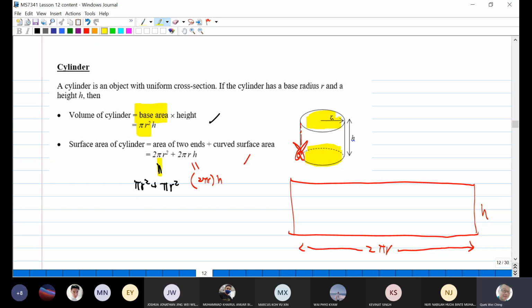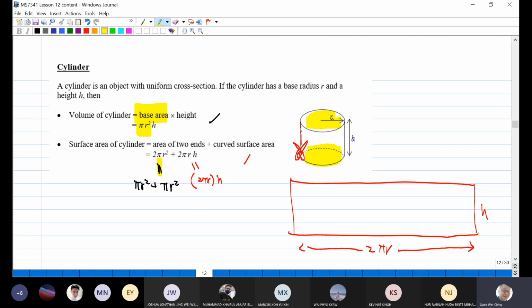So how do you find the surface area of a cylinder? There are two circles, on top and bottom, each of them pi r square. And then the curved surface on the side.